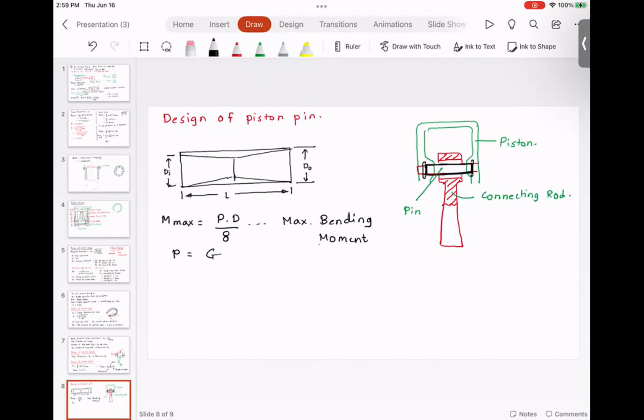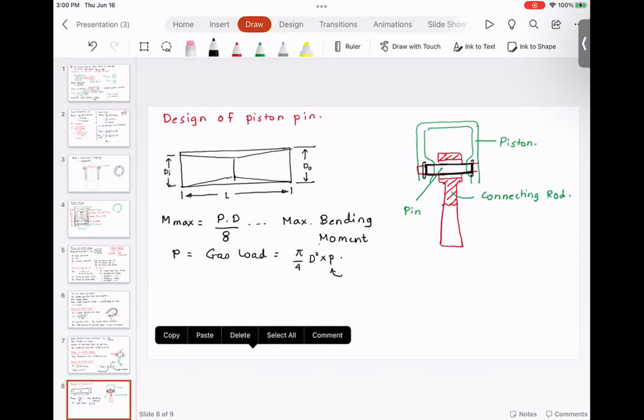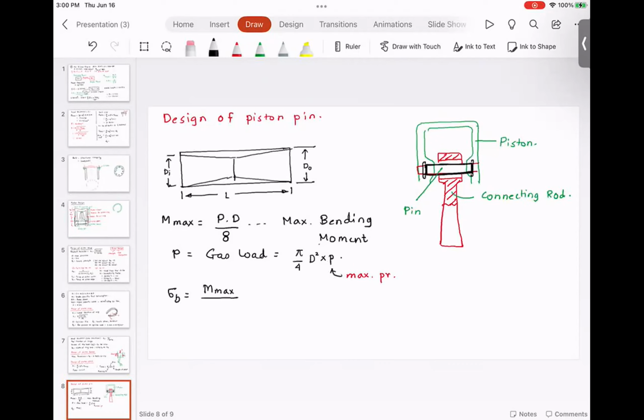P is equal to gas load, pi by 4 D square times P max, the maximum pressure, and sigma B is equal to M max divided by I multiplied by dO by 2.